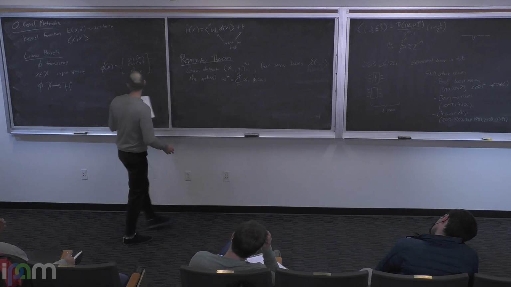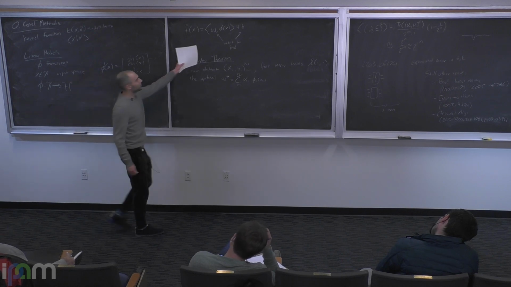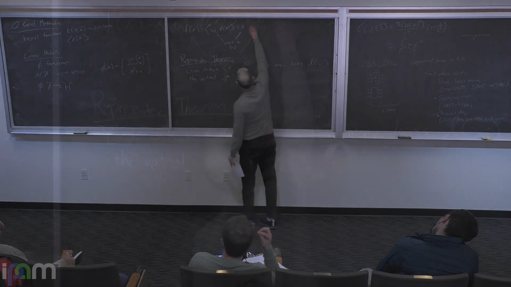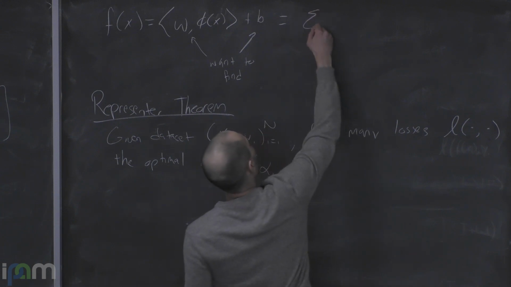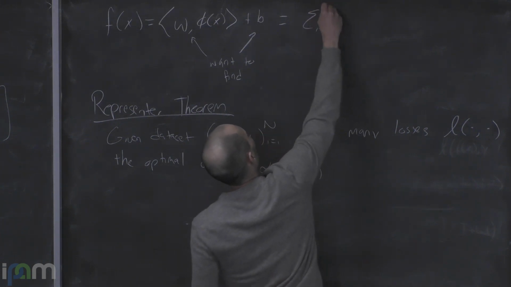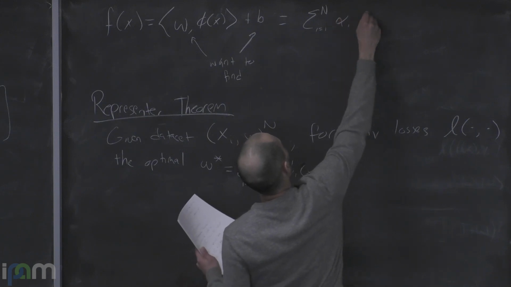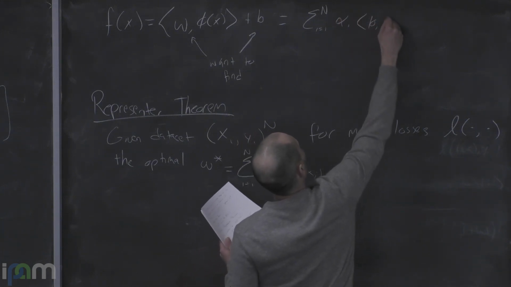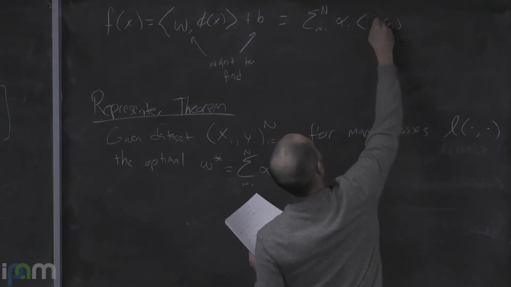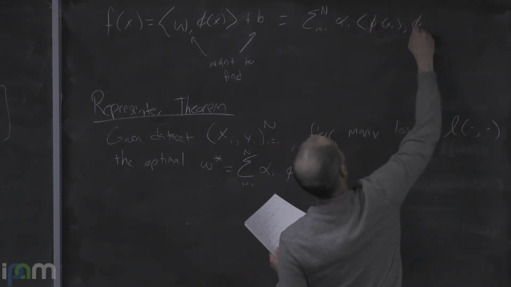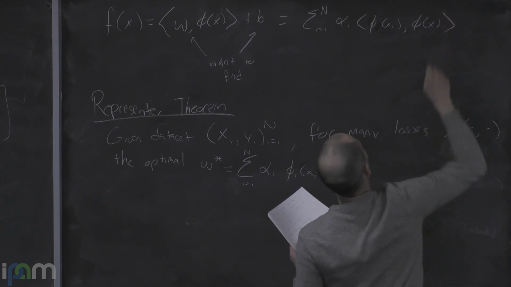So let's plug this in to here. What we find is that we get the sum over i equals 1 to n of alpha i times phi of xi times phi of x.